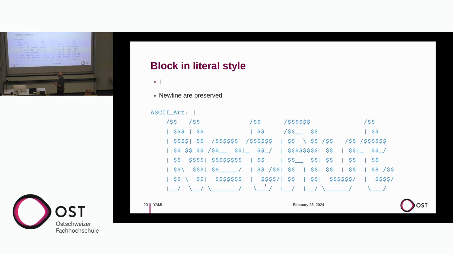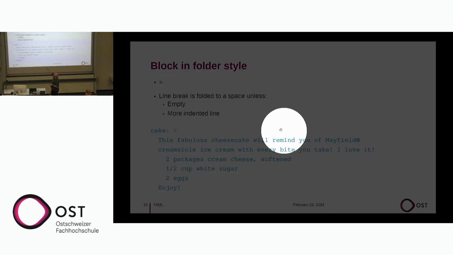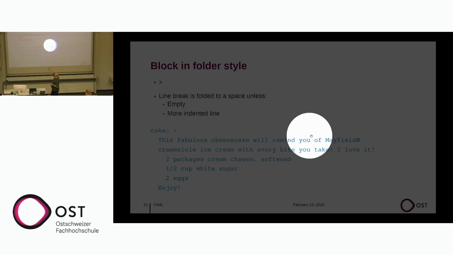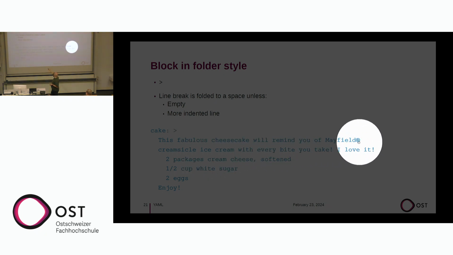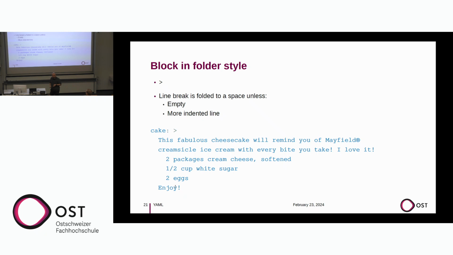So with a pipe, we will preserve the new line. We have another style, the folded style, with this character, where the first line here will be one line, so this new line here will be removed. But because here is a more indented line, this will be kept.